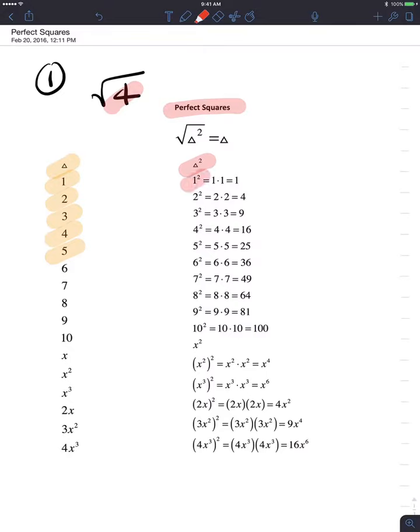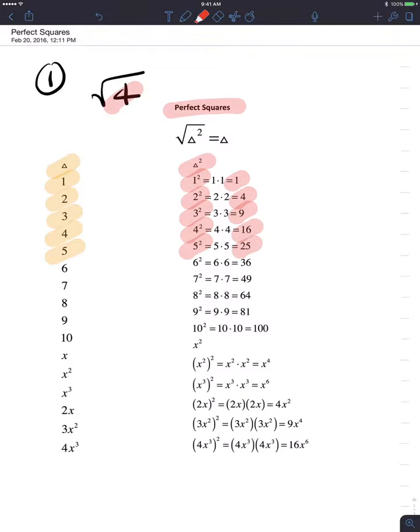So 1 squared is a perfect square, 2 squared is a perfect square, 3 squared is a perfect square, 4 squared is a perfect square, and 5 squared is a perfect square. Those values are 1, 4, 9, 16, and 25.